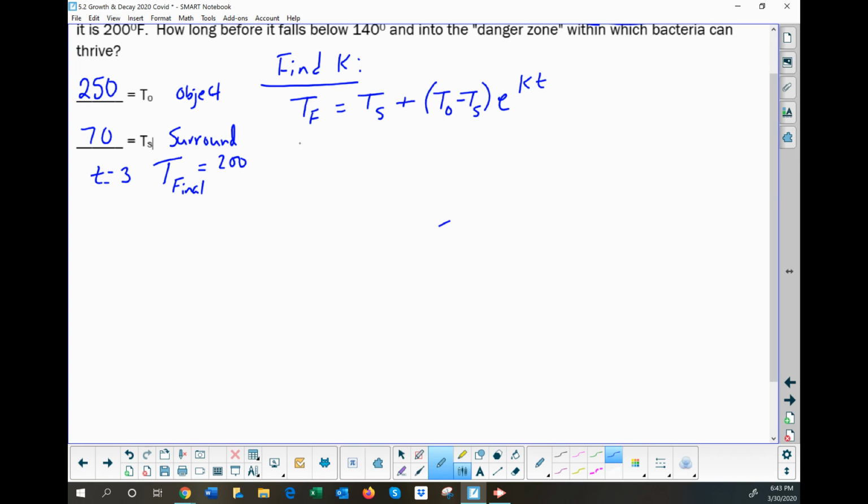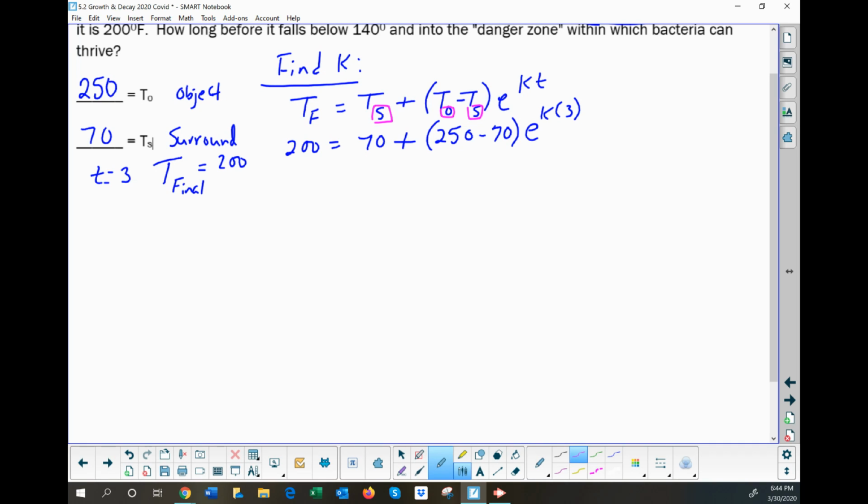Our temperature surrounding is 70 degrees plus temperature of the object, which was 250, minus the surrounding 70, e to the k, and it took 3 minutes for that to happen. I find one easy way to remember this is it is SOS on the right, and that just always sticks with me. All right, to solve this, let's subtract 70 immediately.